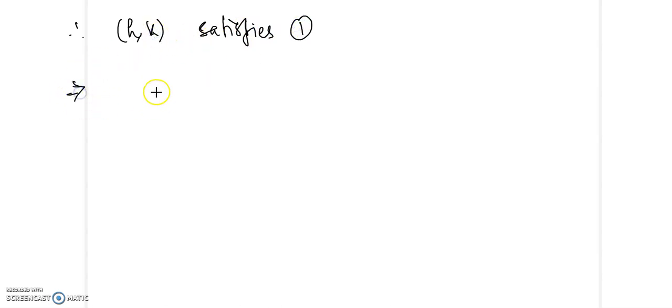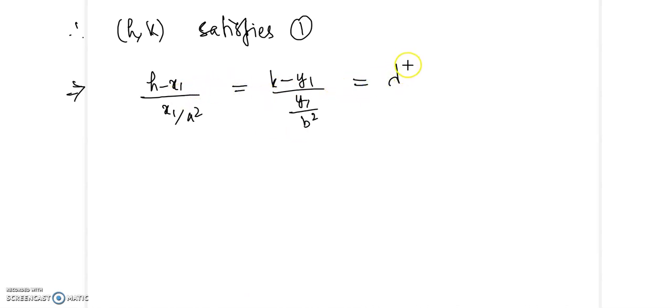So that implies (h minus x1) by (x1 by a square) equals (k minus y1) by (y1 by b square). Both are equal, so let me take it equal to some lambda.